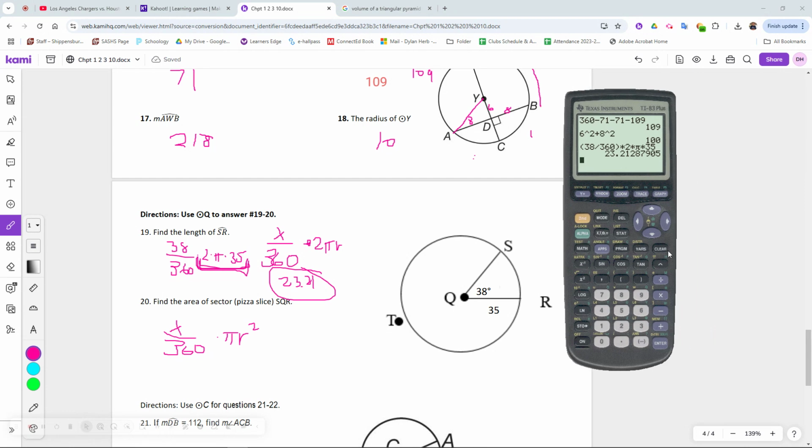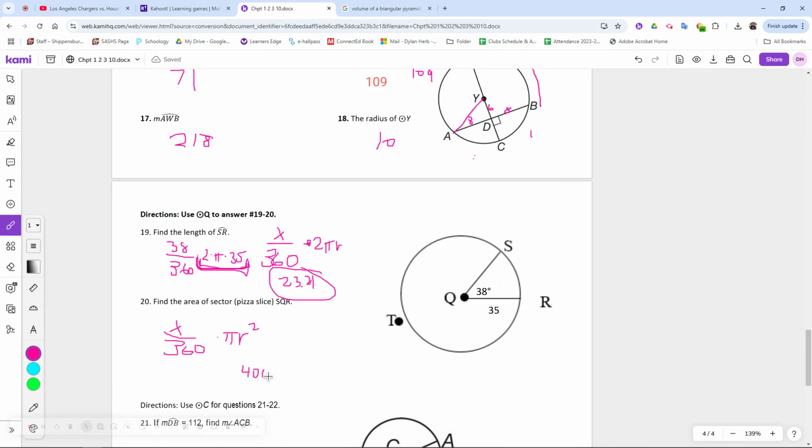So we still have 38 degrees. So parenthesis 38 over 360, but we're now multiplying by pi r squared. So pi times, and my r is still 35, but I have to square it here. So the area of that would be 406. I just rounded that real quick. And that would be whatever the units are squared, because that's area.